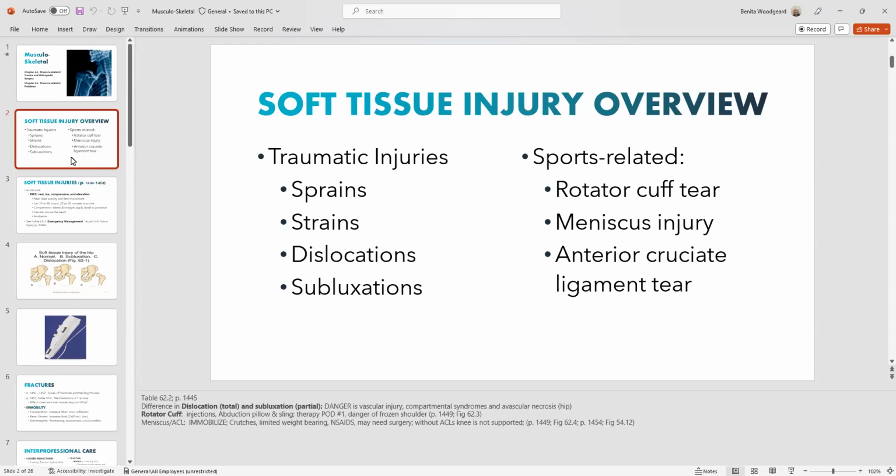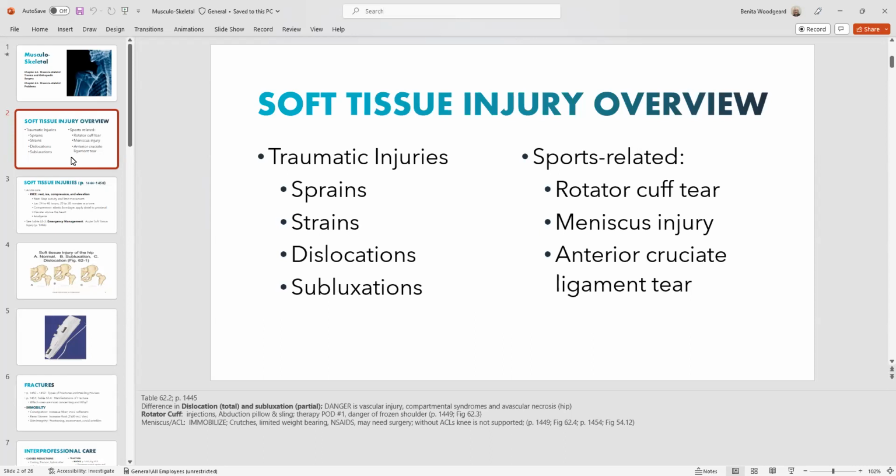It could be very simple things that they do, but if you don't start to move a shoulder joint, it can become what's called frozen, and then they have to go back in and actually kind of injure it again and repair it. Shoulders in general can be very painful for a short period of time. Abduction pillows and slings help to keep that joint from moving, which can help decrease that pain. And you can get injections also into those joints.